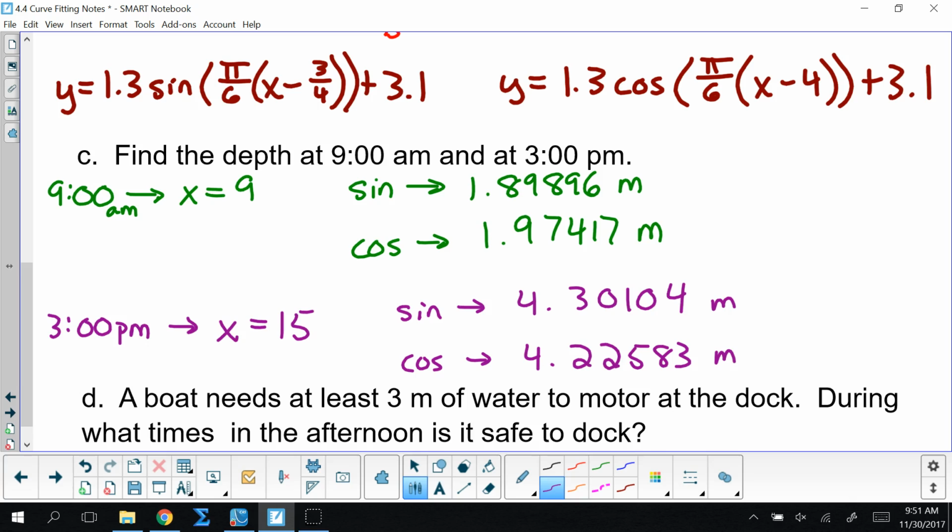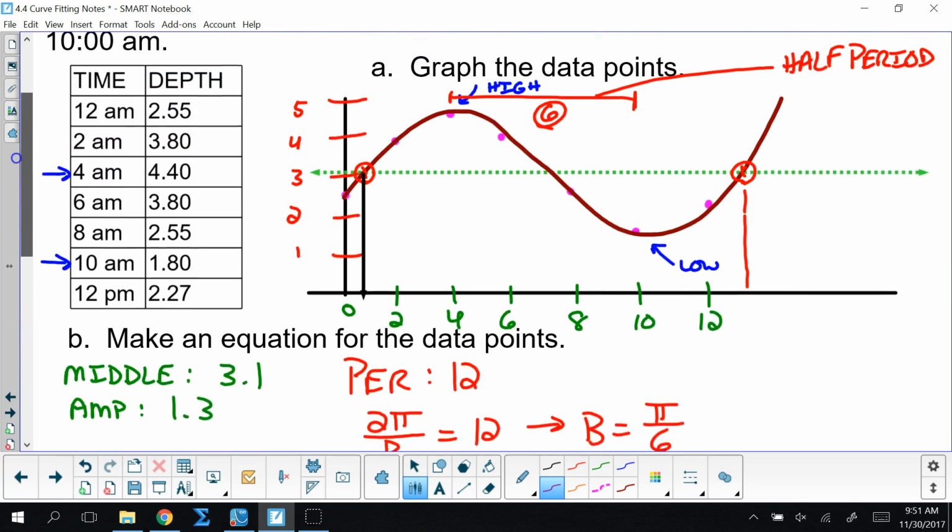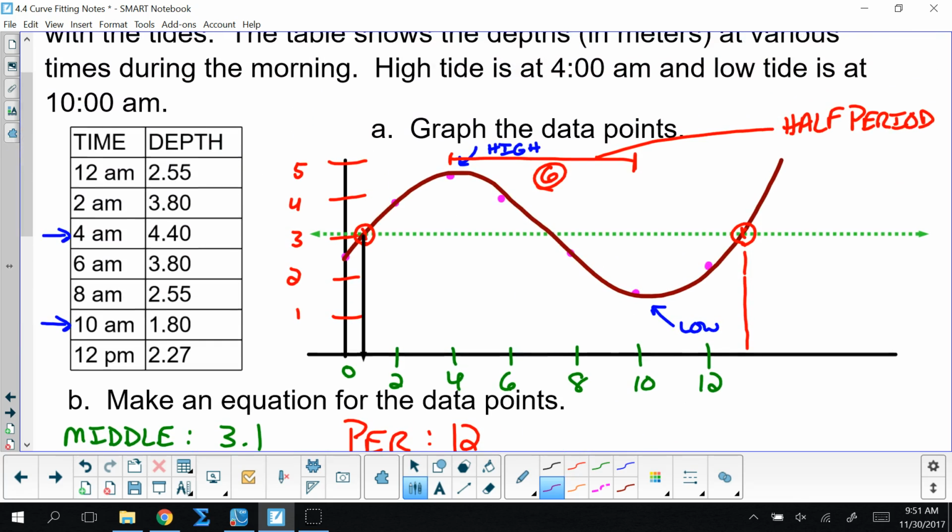Okay. Now, let's go back and look at our graph. My graph's going to get all full of all these different lines. Let's see, what can we clean up? We can get rid of that line.